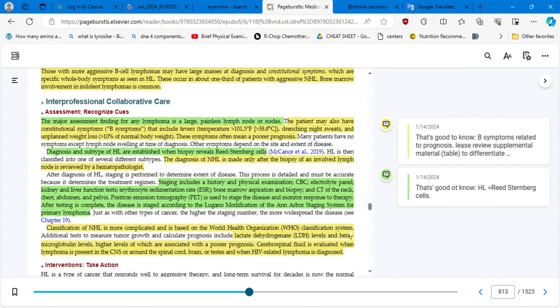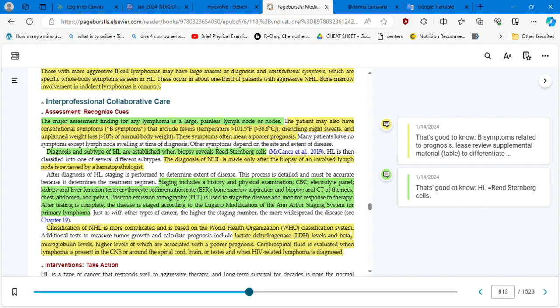The PET scan usually is going to highlight the different places where the lymph nodes are affected, and in some solid cancers, the PET scan is going to help you to determine if there is metastasis. Okay, so the PET scan is more advanced.